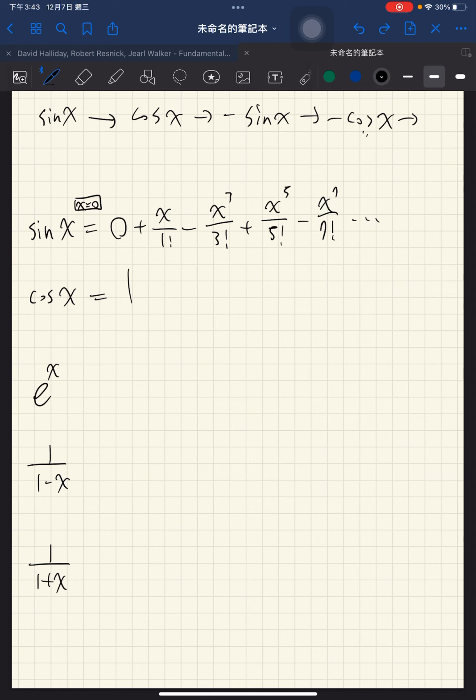So here we will just do this. So we will get x squared over 2 factorial plus x to the 4th power over 4 factorial, and so on.